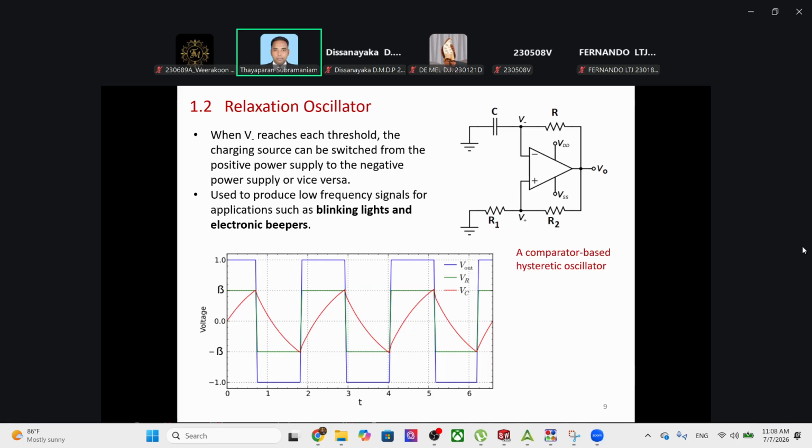Simple. Otherwise, the highest tolerance will take over and decide the performance of the circuit, whereas the effort that we give for the low tolerance design is submerged within that high tolerance effect.